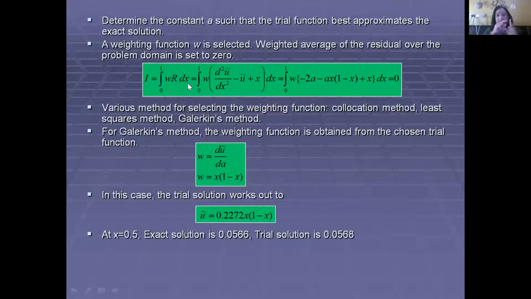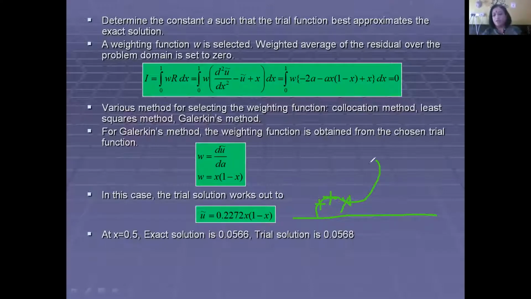So I am weighting the residual at every point. Let's say this is my function, this is my residual, and x goes from 0 to 1. What I'm going to do is, for every point on this curve, I'm going to weight r.